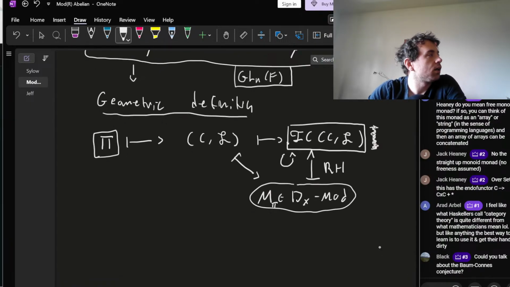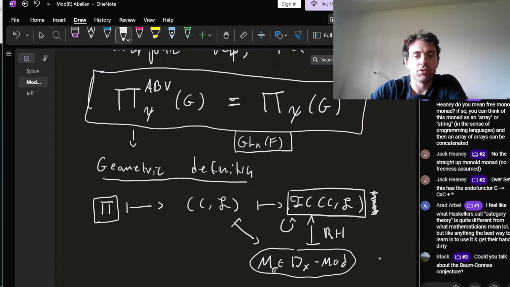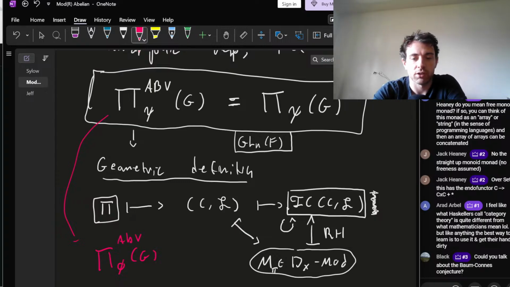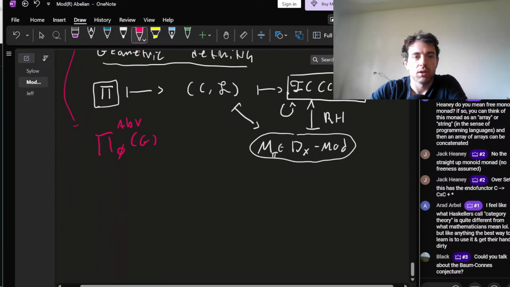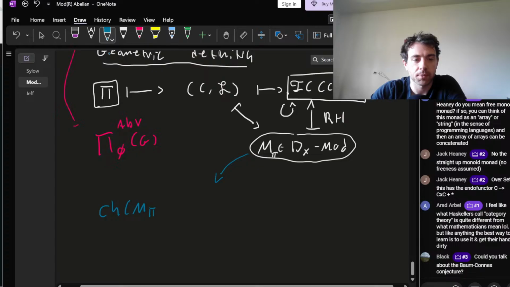I should say this conjecture is true, but also the definition of ABV packets makes sense for general Langlands parameters. And so the conjecture, one way to define this is in terms of the characteristic cycles.